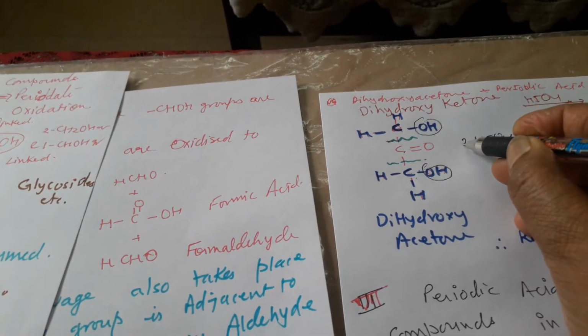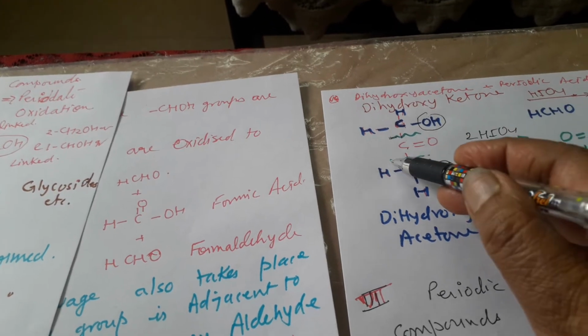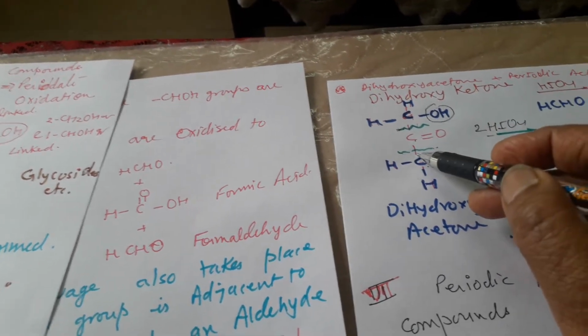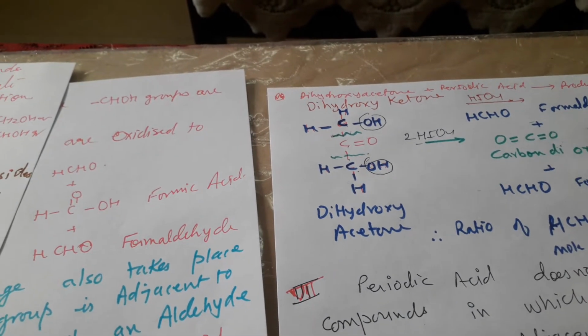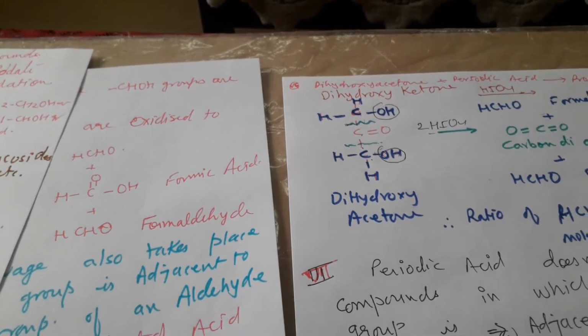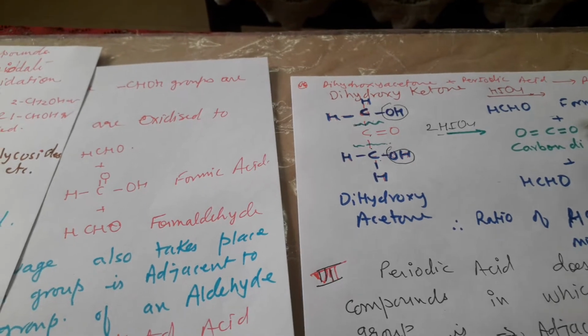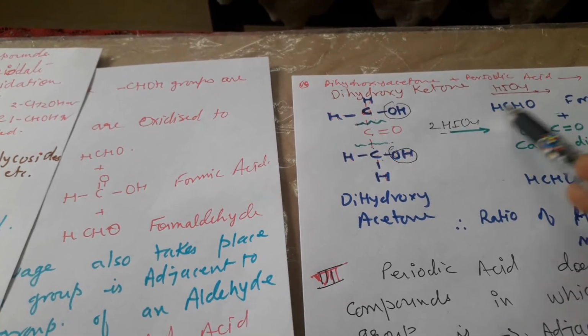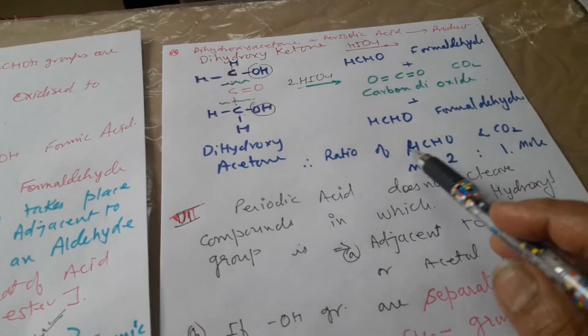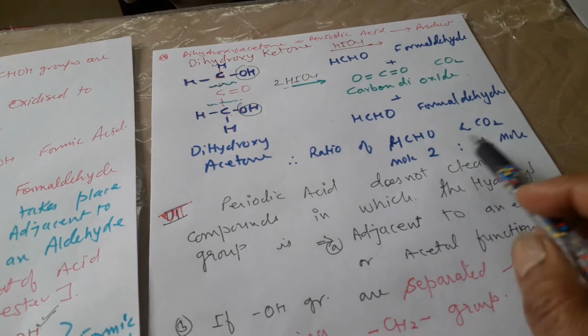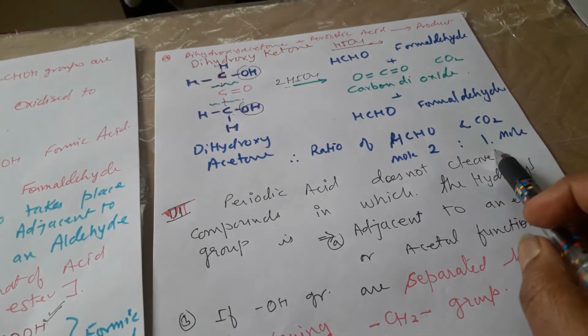Here 2 moles, because 2 cleavages occur here. So we'll get 3 compounds: formaldehyde, carbon dioxide, and again formaldehyde. So 2 molar equivalents of formaldehyde and 1 molar equivalent of CO2 are obtained. Clear? Sometimes they ask for the ratio. So the ratio will be HCHO to carbon dioxide 2:1.